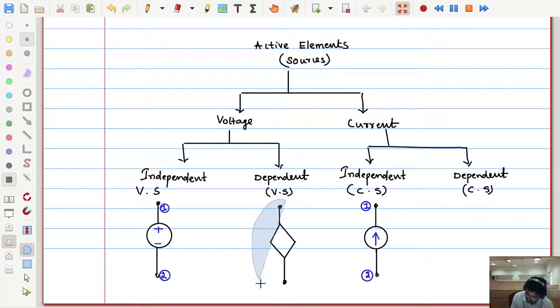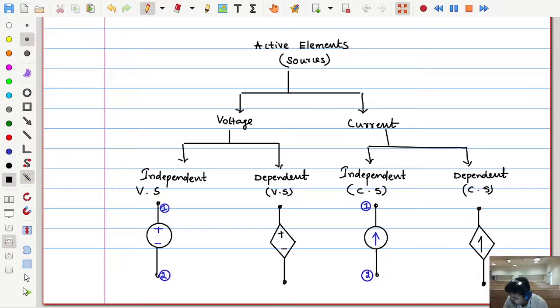In the same way, we have dependent sources here. Inside this, whether we represent it with the potential difference, plus minus, or the arrow, remember that wherever an arrow is there, that represents current. Wherever the potential difference plus minus symbol is there, that represents voltage. So these are the independent and dependent sources classification and their schematic symbols.